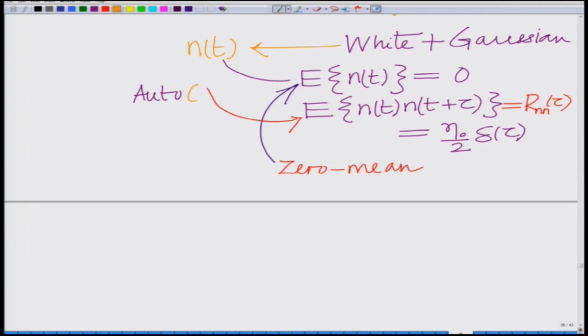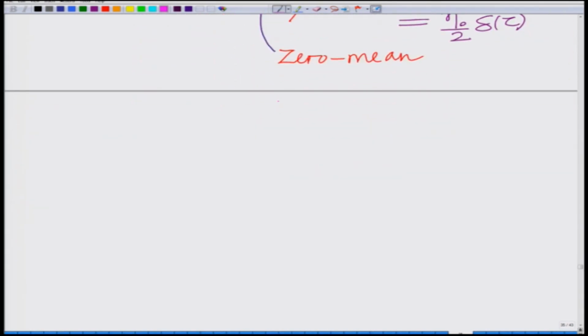Since the noise is Gaussian, wide sense stationary directly implies strict sense stationary also, but for the purpose of this analysis, wide sense stationarity is sufficient.